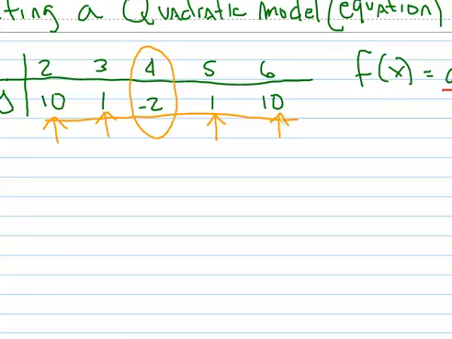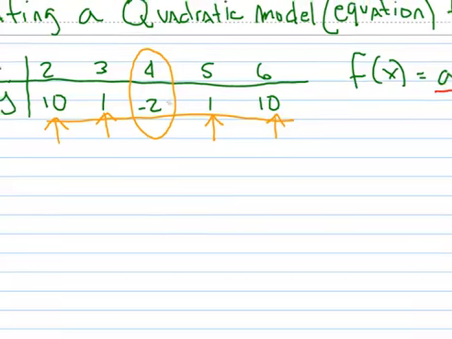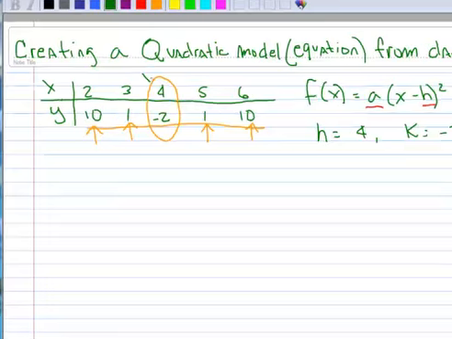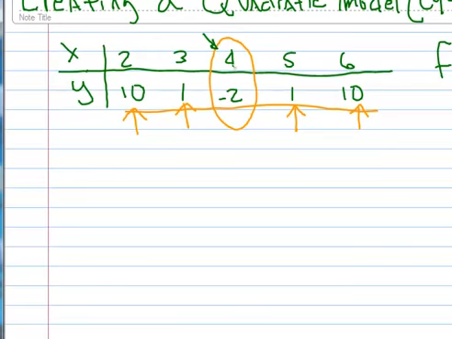This is the symmetry you get from the axis of symmetry, and of course the axis of symmetry goes through the vertex. So I know that this is the vertex. So that means that h is 4 and k is -2. Now, not every set of data you're going to get is going to have the vertex just peeking at you right here, ready to go, but in this case it does, so we can use this method.